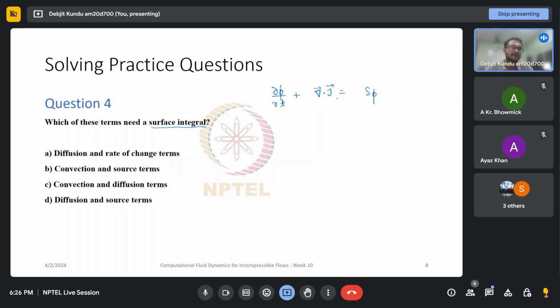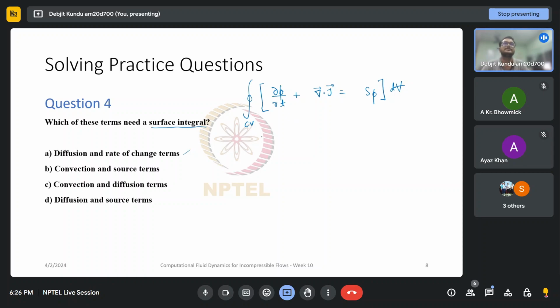So this is the differential form of our conservation equation, right? And in finite volume method, what we do is we integrate it over the control volume. Now, after integration, some of these terms might need a surface integral.